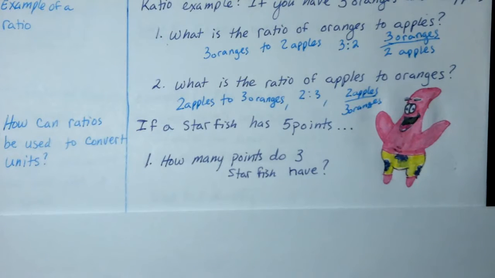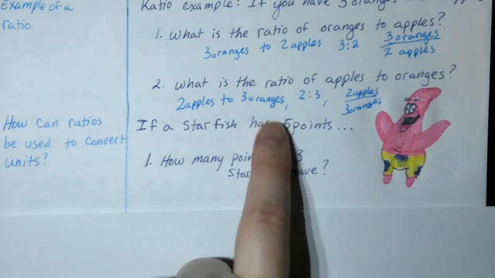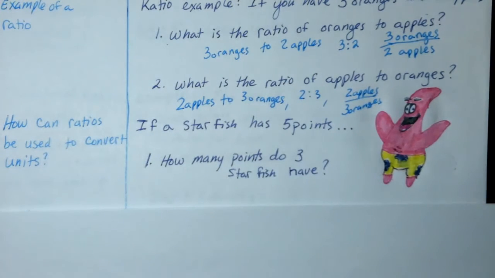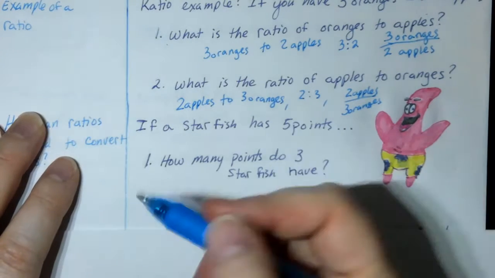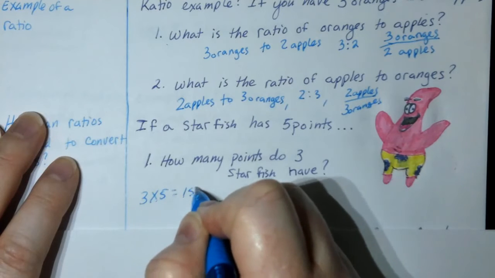Now you guys are in 8th grade. I bet you could do this one in your brain. You're not even writing anything down at all. You can probably already tell me, well, 3 starfish, each one has 5 points. 3 times 5 is 15. You would be exactly correct. So 3 times 5 equals 15.